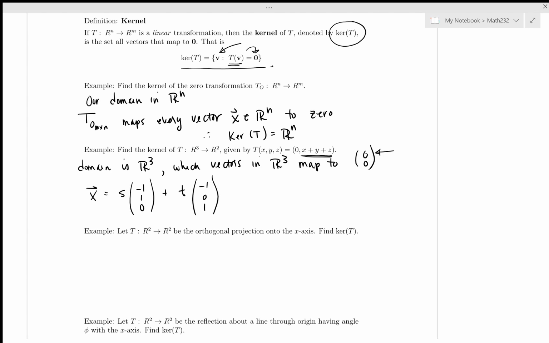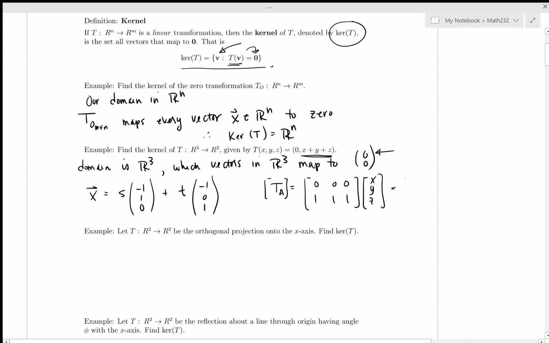We could put this transformation into a matrix. What does that look like? The transformation indicated by a matrix is going to look like this. It's going to map always the first component to 0. So x, y, z maps to 0, x plus y plus z.